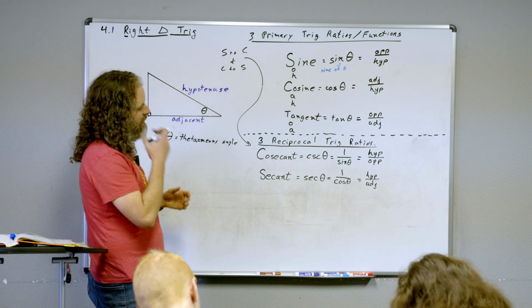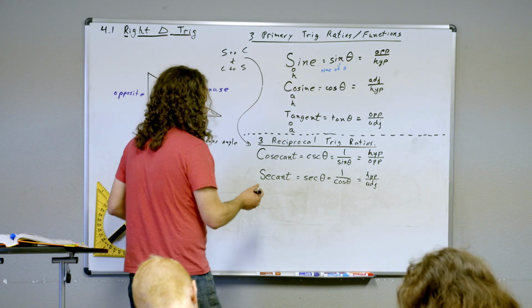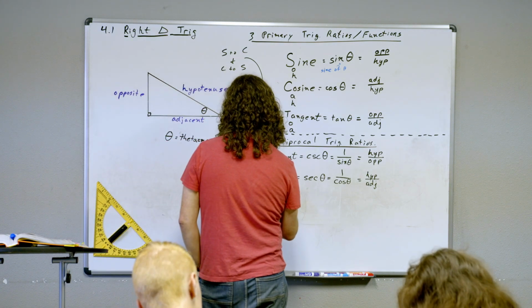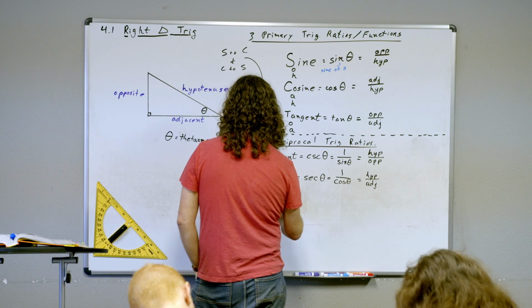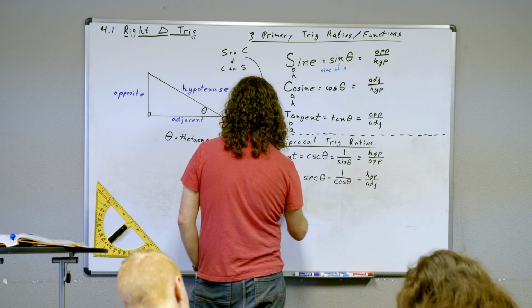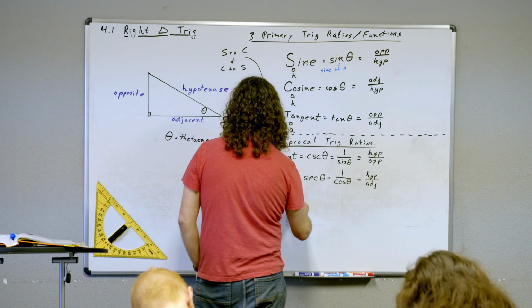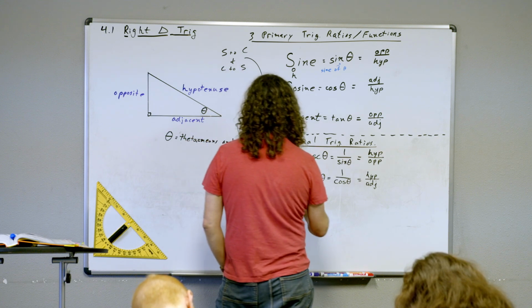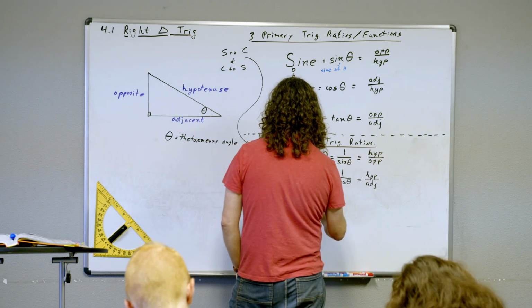And then tangent's reciprocal is easy to remember because it's just cotangent. We abbreviate it COT, cot.